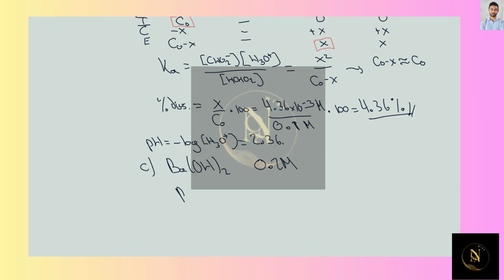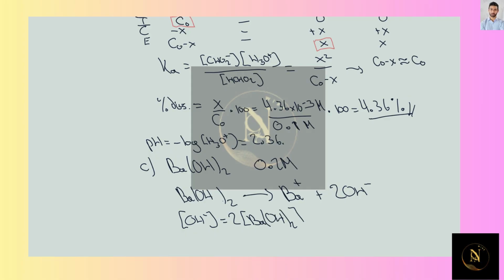Okay, now coming back to problem C, we have a 0.2 molar solution of this strong base, barium hydroxide. Barium hydroxide, when it comes into contact with water, is going to dissociate as barium plus two equivalents of OH minus. So the concentration of OH minus that I'm going to have in solution is going to be equal to 2 times the concentration of barium hydroxide that I had initially.